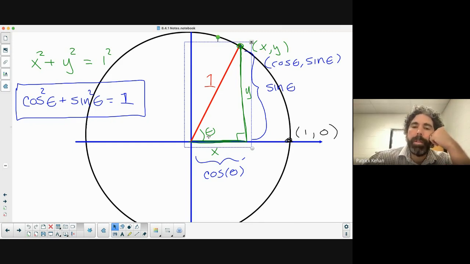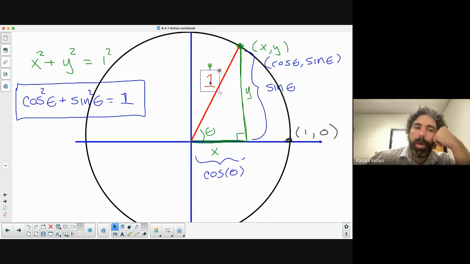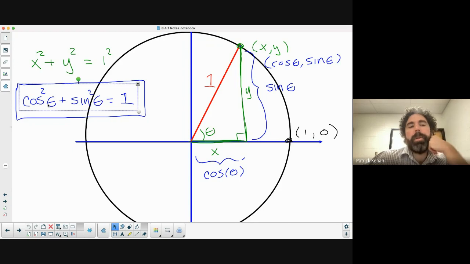Same with the y. The sine of this angle is equivalent to the vertical leg here. So we can express this side as sine theta instead of y. And the radius or hypotenuse stays the same as 1. So this is what's going to allow us to justify this Pythagorean identity here, which is cosine squared theta plus sine squared theta equals 1.